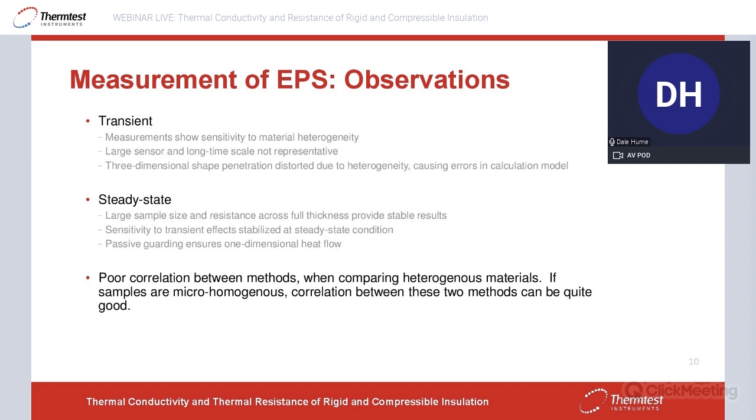Measurements show sensitivity to heterogeneity. Large sensors and long time scales are still not representative. They have a more or less three-dimensional shape, but they do not represent a one-dimensional measurement, and they don't represent the full sample in its thickness. Those types of things can cause error in your simulations or when you're comparing to steady state methods. With a three-dimensional shape, there is a distortion.